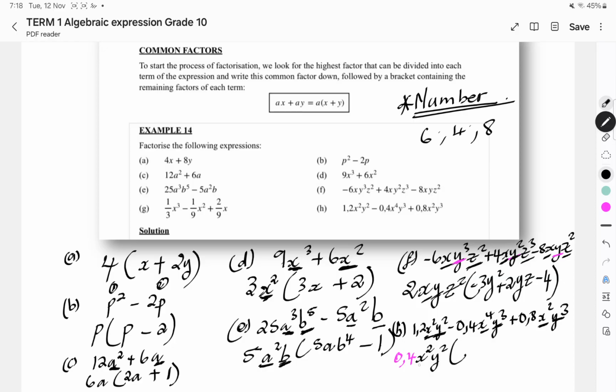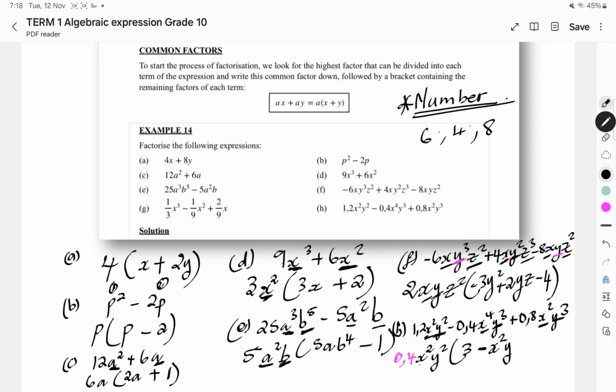So 1.2 divided by 0.4, you get how much? Put it in your calculator, you get 3. And then the x squared will go, the x squared will go, y squared will go, y squared will go. So for this one, I'm only left with 3. Minus 0.4 divided by 0.4, you get 1. And then I have x to the 4 divided by x squared, I'm left with x squared.